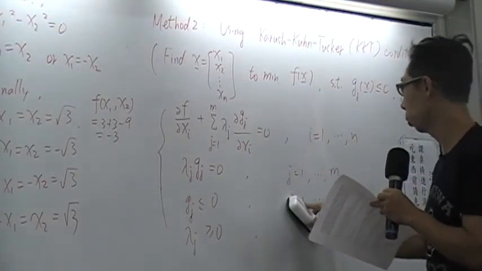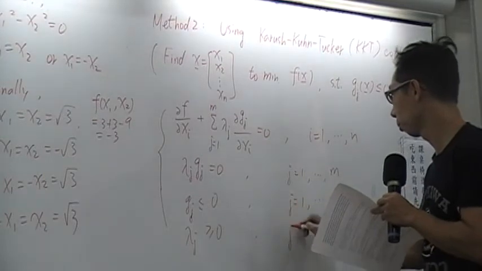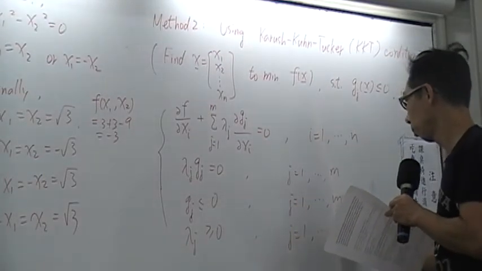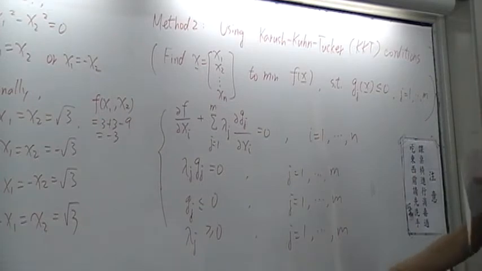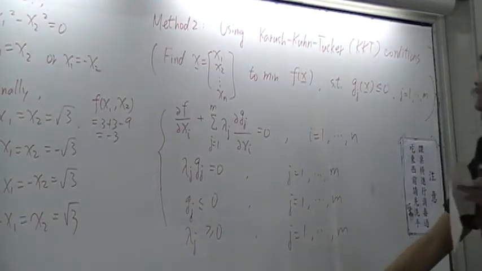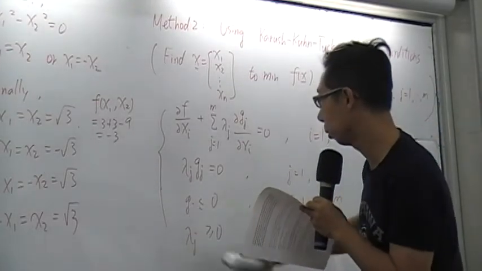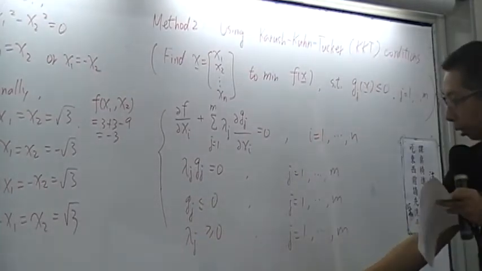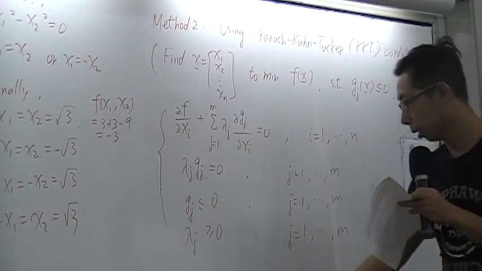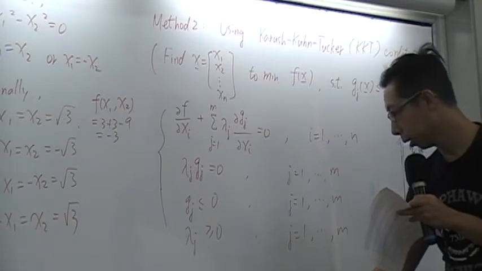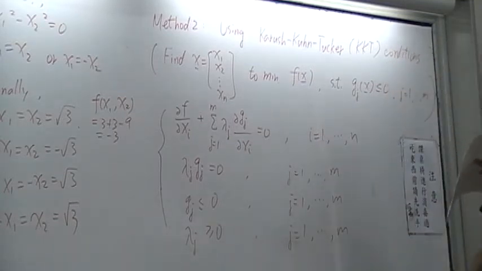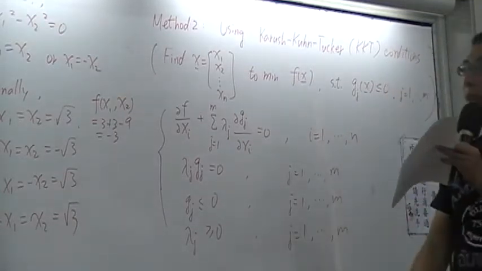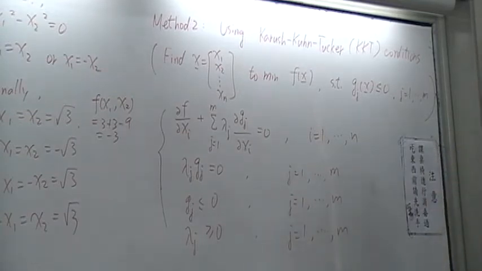Okay, j is from 1 up to n. Okay, so all these are the so-called KKT conditions. And as I said, basically, the KKT conditions are almost equivalent to the first method we have learned. Okay, let's see whether this is true or not.